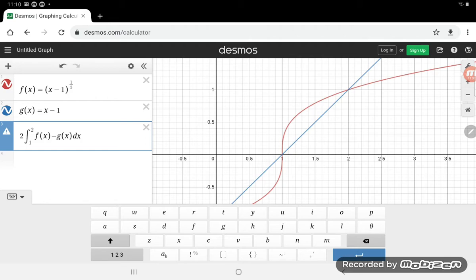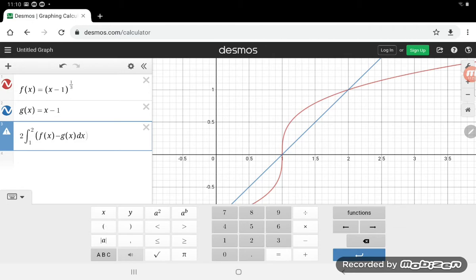And it doesn't like that. Okay, well, the f of x, g of x, that all looks fine. 1 to 2. So my best guess is I'm going to add parentheses, and there we go. And we get 1/2. Oh, see, technology, isn't that grand?